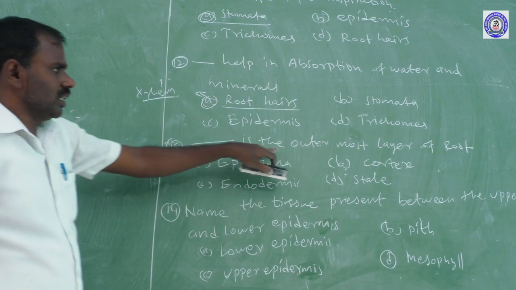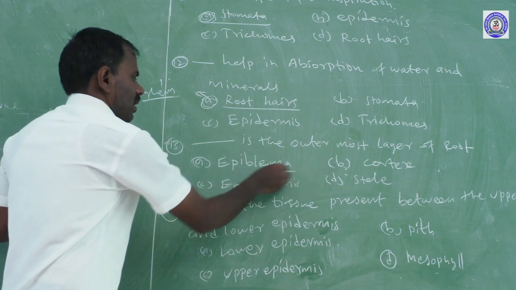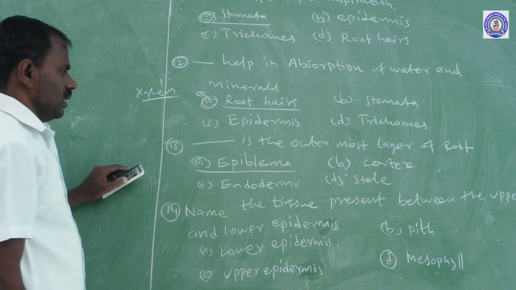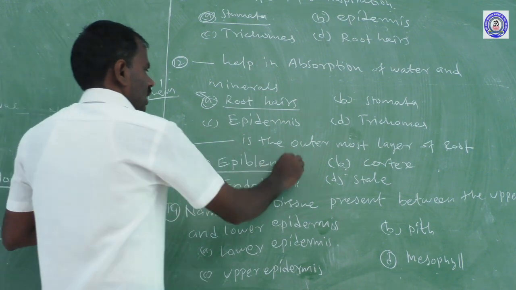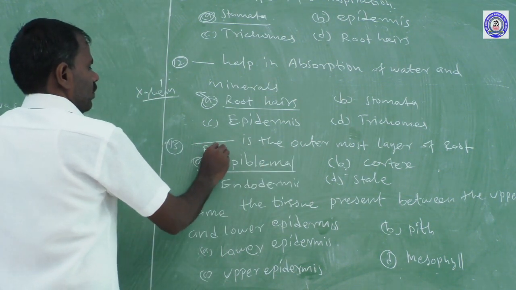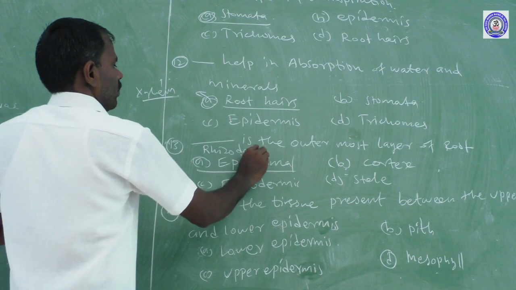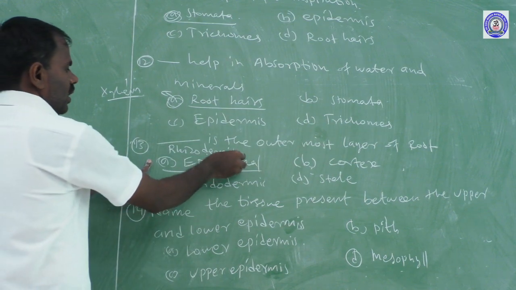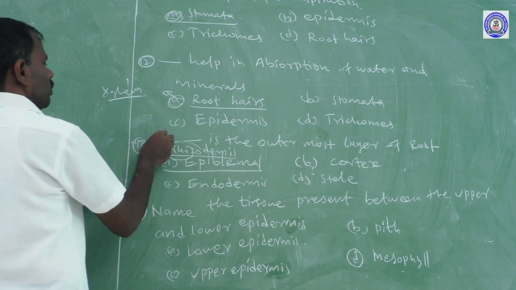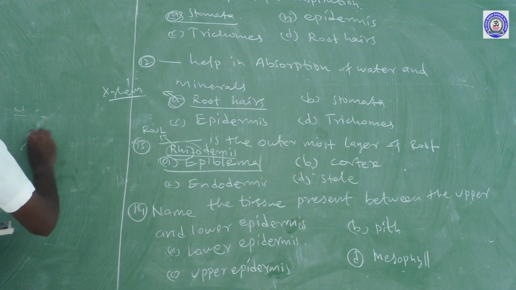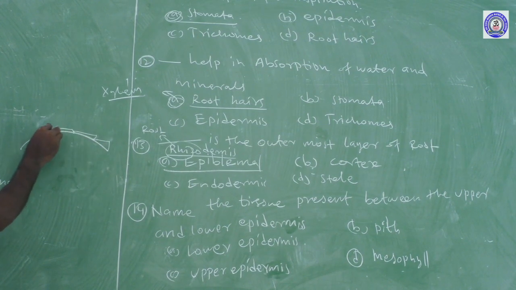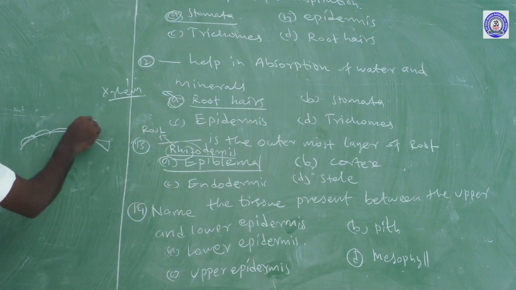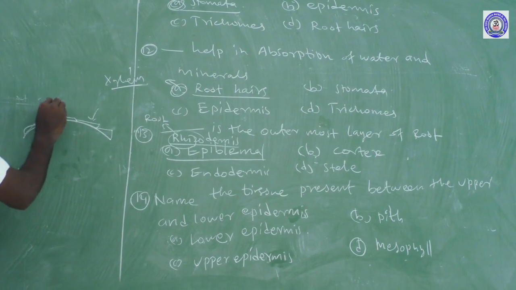Next, what is the outermost layer of the root? The epiblema is the outermost layer of the root. Epiblema is also called the rhizodermis. Rhizo refers to root. It is a single layer of cells without intercellular spaces, and the cuticle layer is absent in the root system.